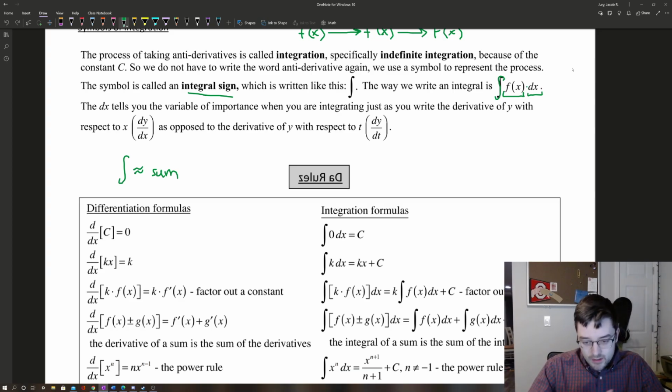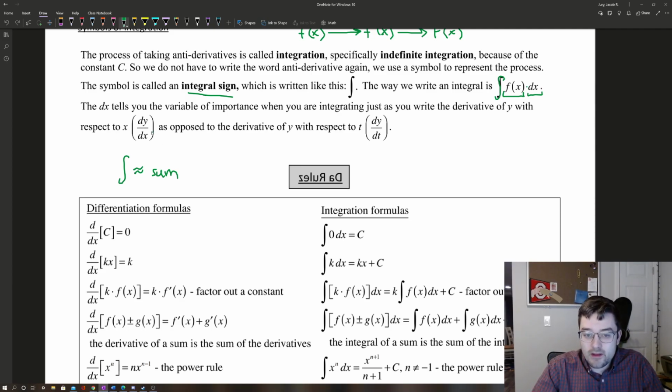But again, we'll explain more meaning as more of it comes about in these lessons. But for now, we have the s for the integral, and then this dx that explains what variable we're taking the integral with respect to, just like we did with a derivative.